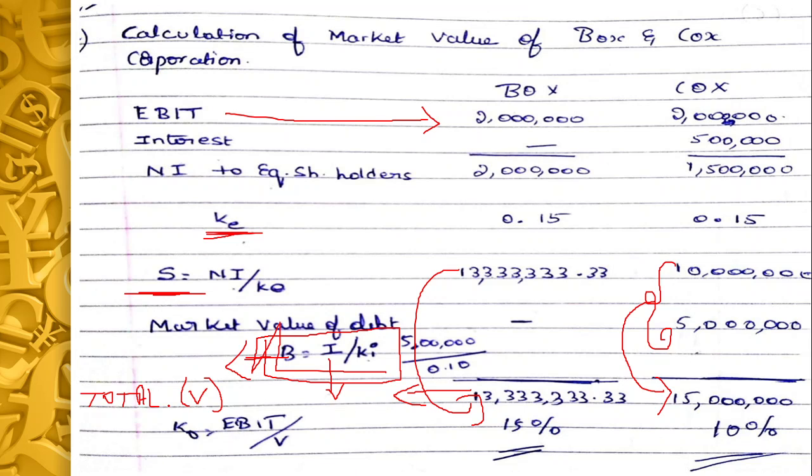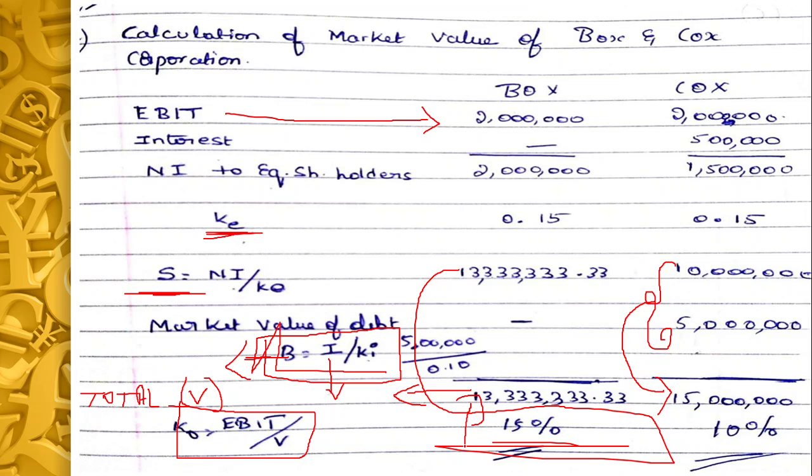Now, K naught is represented by EBIT divided by V. EBIT is 2 million divided by total value would give the overall cost of capital.